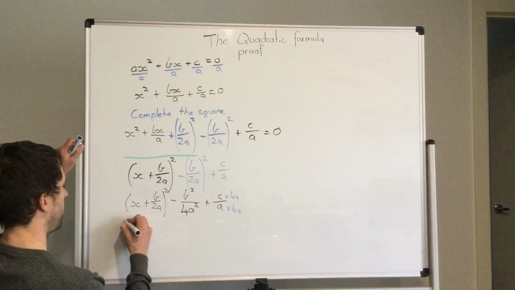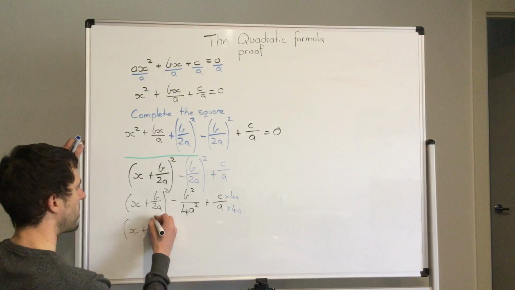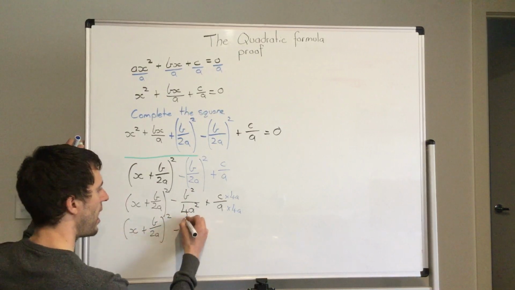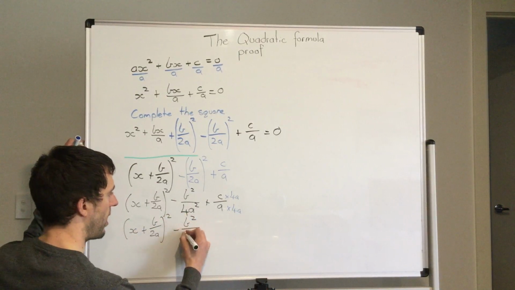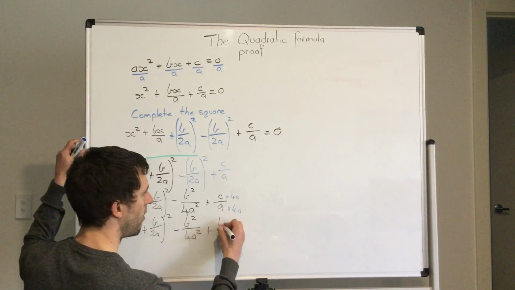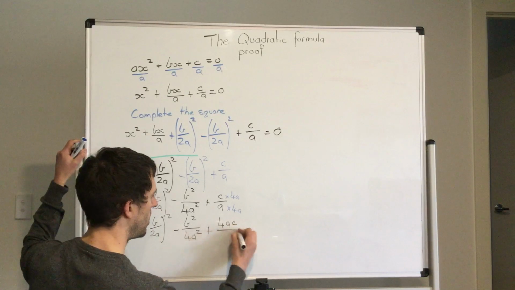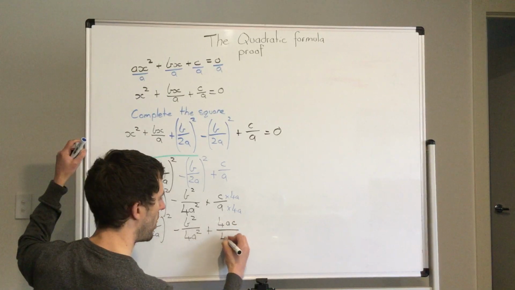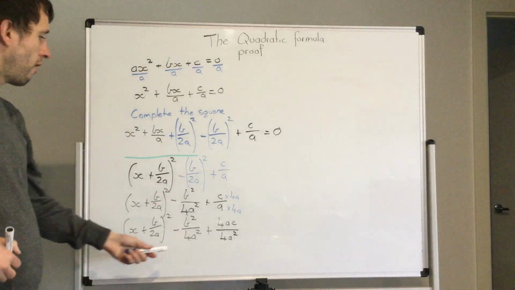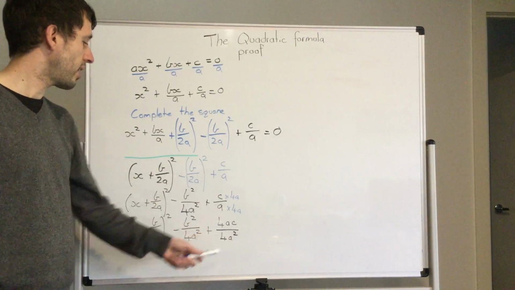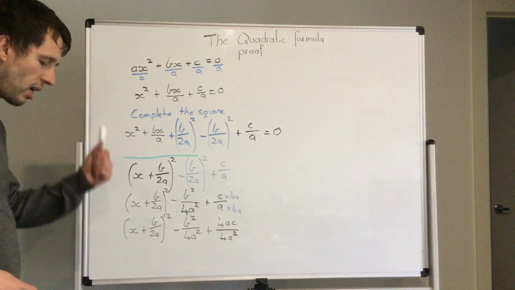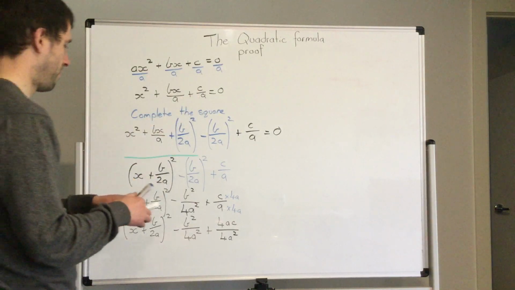So that gives us x plus b divided by 2a squared minus b squared divided by 4a squared plus 4ac over 4a squared. If we understand our rules of addition of fractions, when the denominators are the same, we can just add them together and have one denominator. So now we'll rewrite that over here.